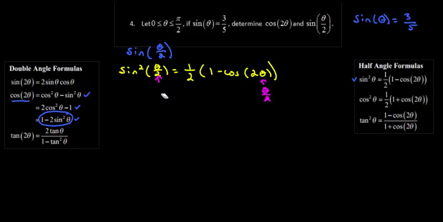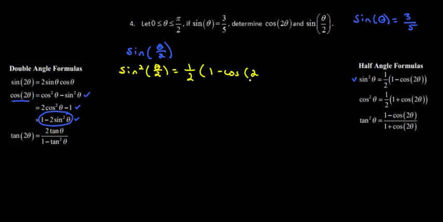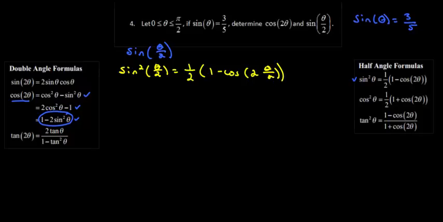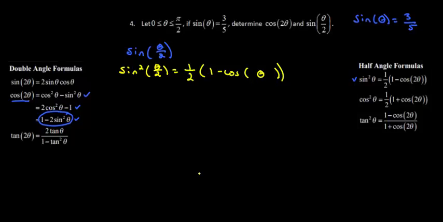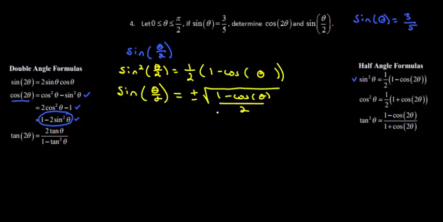Okay, so let's delete this. And this becomes 2 times theta over 2, and 2 times theta over 2 is just theta. If I rearrange terms a little bit more, I have the sine of theta over 2 is equal to plus or minus the square root of 1 minus the cosine of theta, divided by 2.